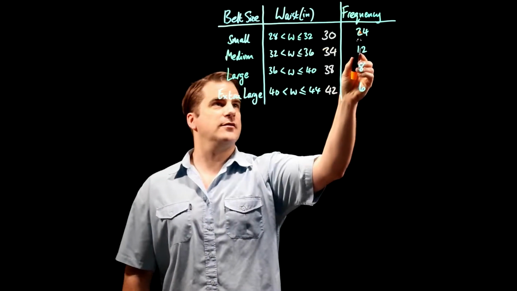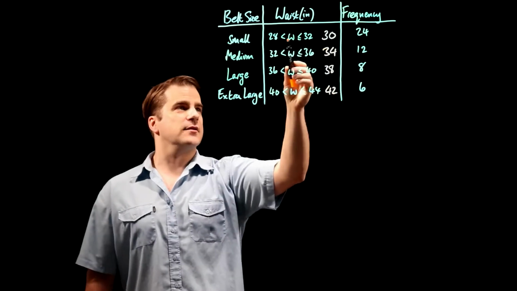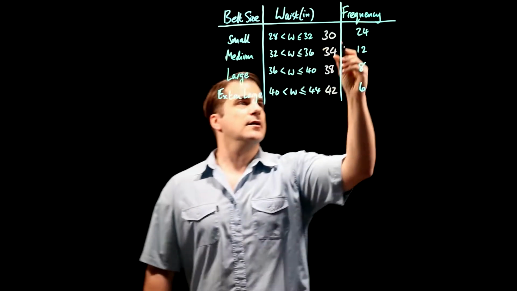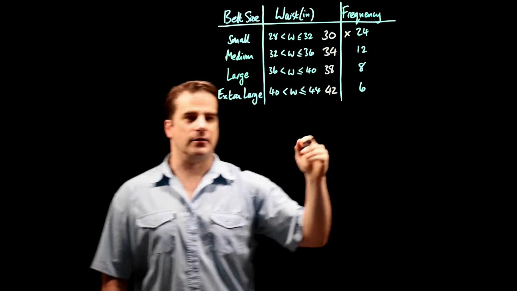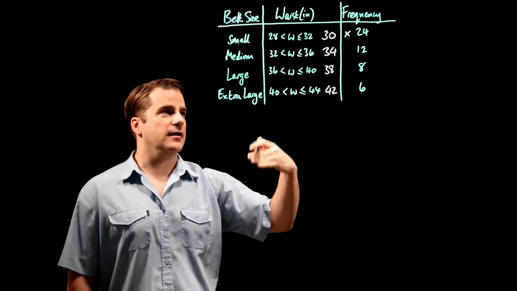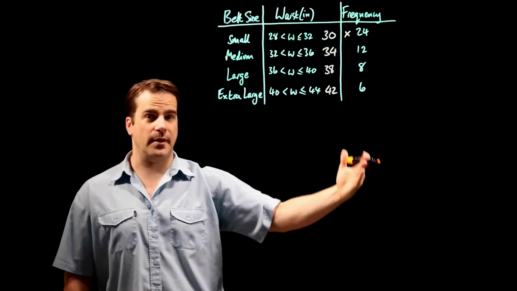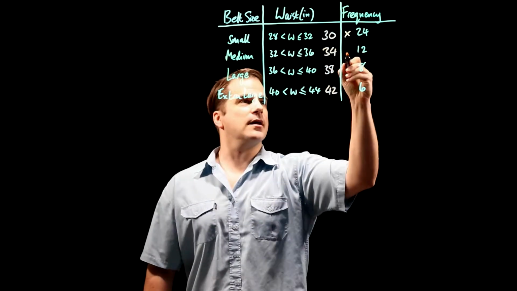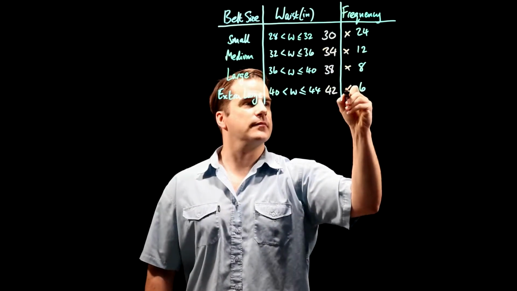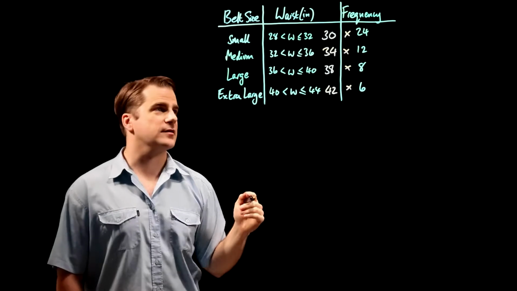So if you have 24 belts with an average length of 30 inches, if you multiply those two together, that will give you the total length in inches of all the belts. So you multiply all of these together, and we're going to add up the results.